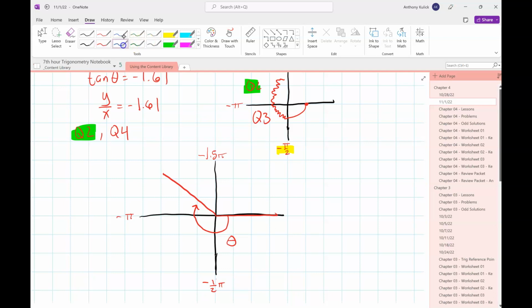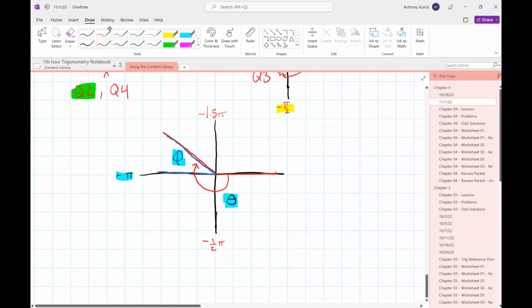So there's theta. Here's my phi. The three quantities that I need to relate to one another to get my equation are theta, phi, and this time negative pi. Why did I say negative a half? I don't know.